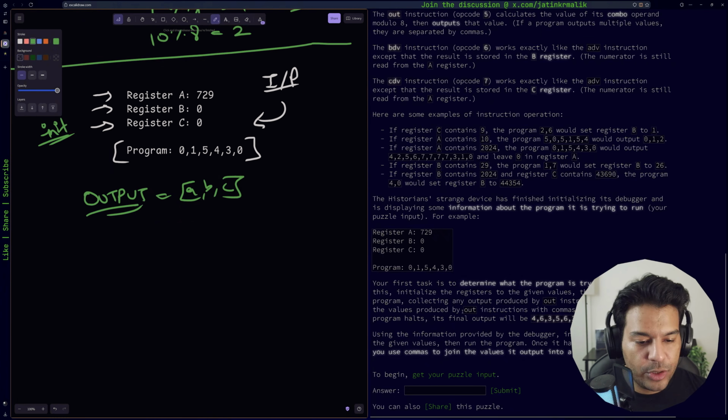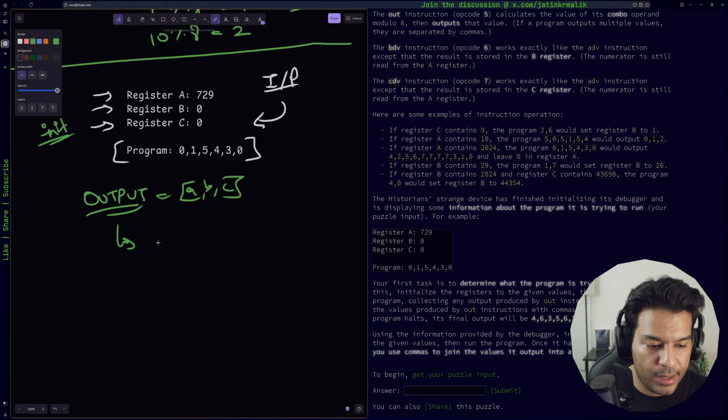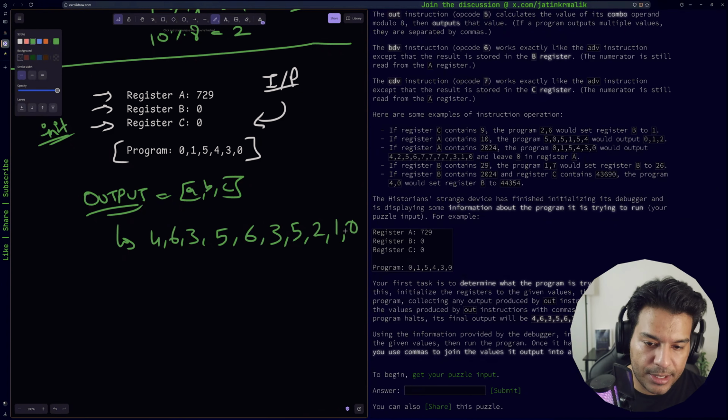Always join the values produced by out instructions with a comma. After the program halts, the final output will be, as given for this example, 4, 6, 3, 5, 6, 3, 5, 2, 1, 0.